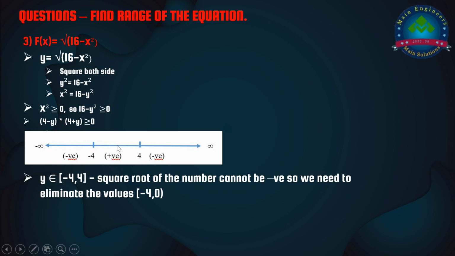Let's say here is 0, so from minus 4 to 0 is removed from the values of y, since the square root of a number cannot be negative. So our range is from 0 to 4, and 4 is included as it is equal to 0.